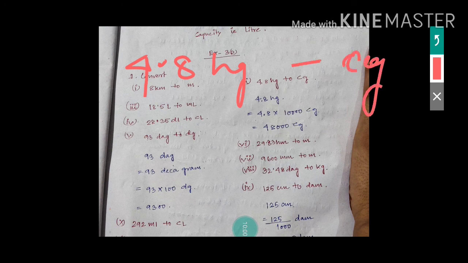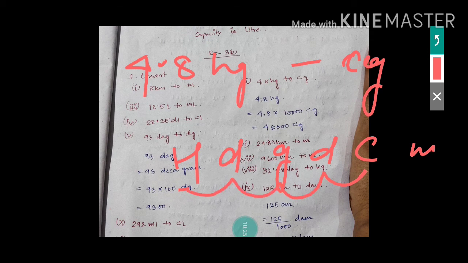First of all you recall that table: milli, centi, deci, gram, deca, hecto. Hectogram to centigram you are moving downward: 1, 2, 3, 4.